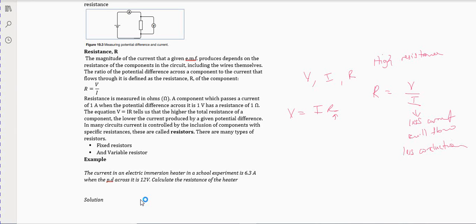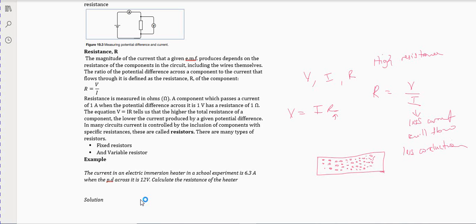Because if this is my wire, and I have a lot of particles in this wire, these dots here are increasing the resistance.